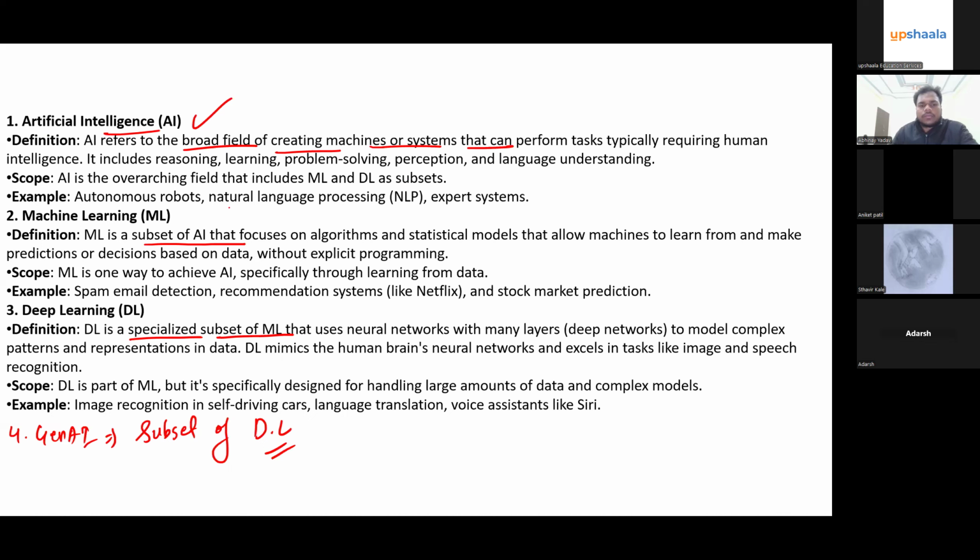Some examples are also given: autonomous robot, NLP expert, spam recommendation, stock market. When we call it DL, it has image recognition, driverless cars, language translation and voice assistants, just like we have Siri, Google Assistant, or Alexa. So these are some basic differences between AI, ML, deep learning, and generative AI.